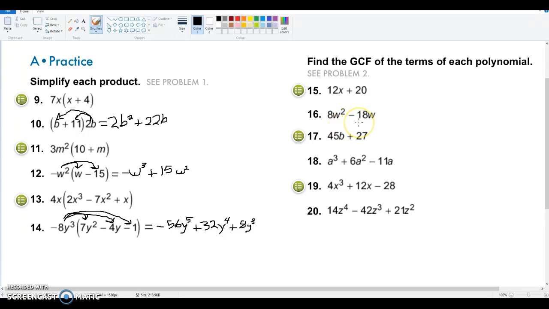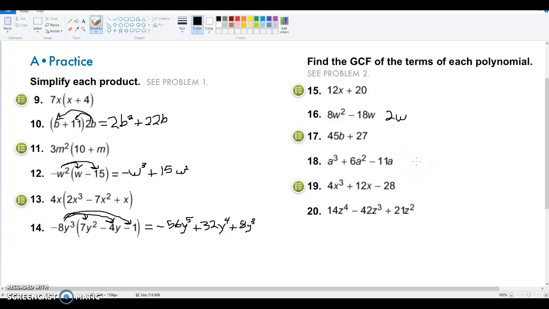And that's the only common factor in the coefficients. Now let's look at the variables. We have a w squared and a w. So a w can go in both of these. We get a w out of here and a w out of the w squared. So our greatest common factor is equal to 2w. Okay.